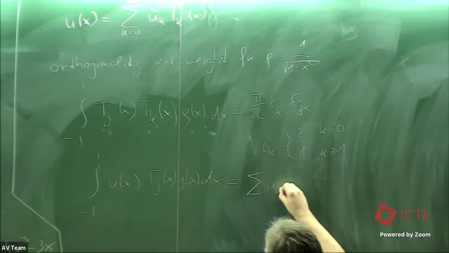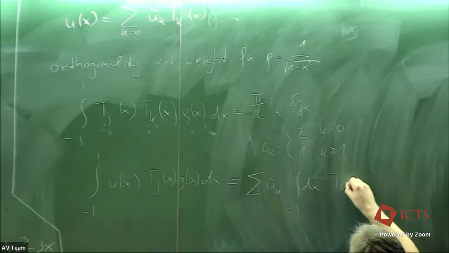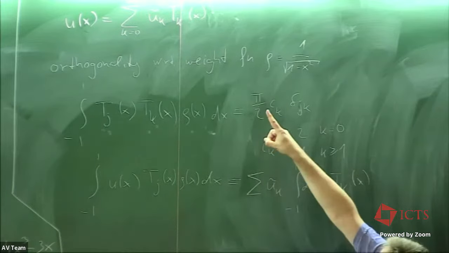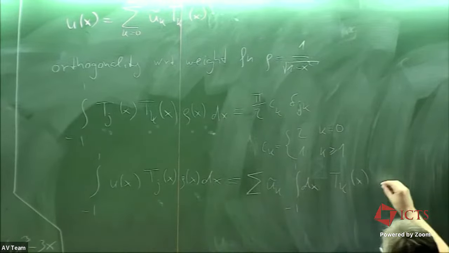So this is a u_k delta integral from -1 to 1 dx. I have the T_k of x because I already have it in the first line, and I'm getting the T_j and the rho from here.